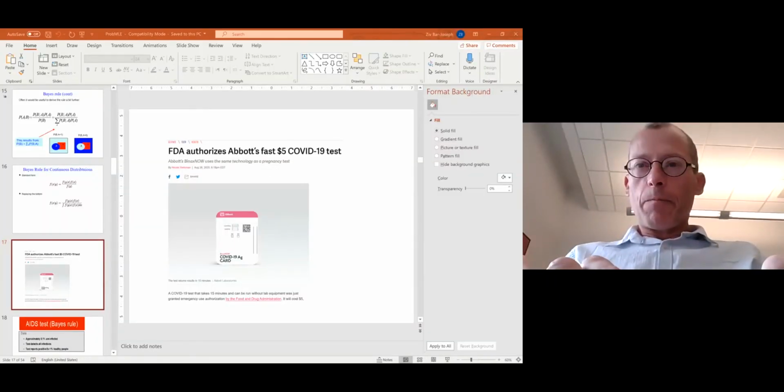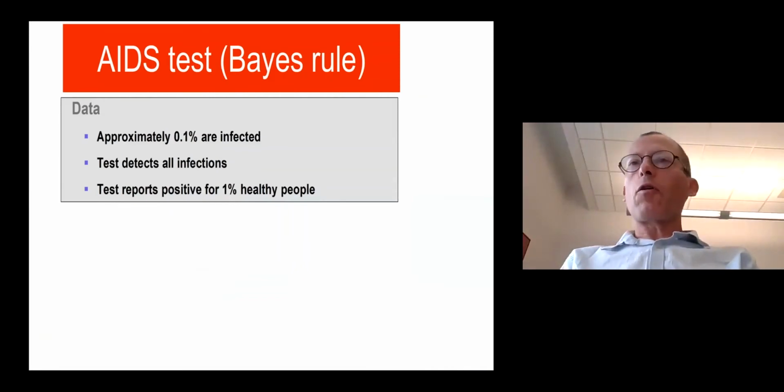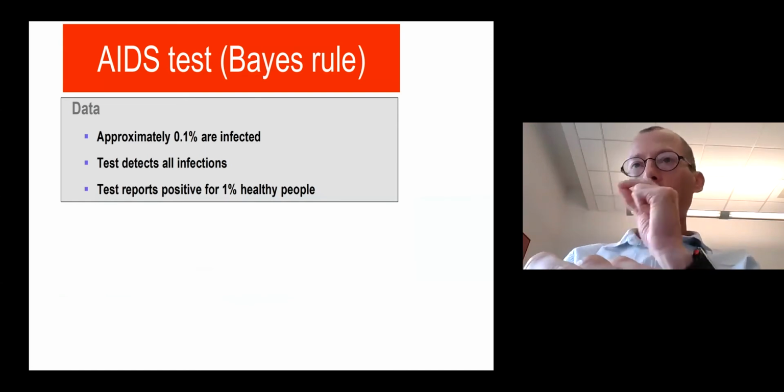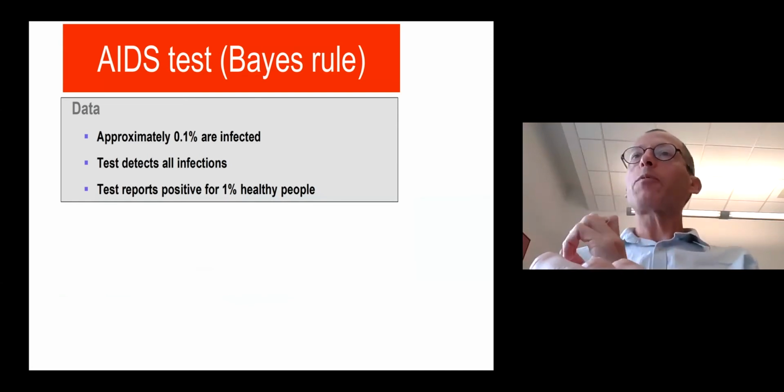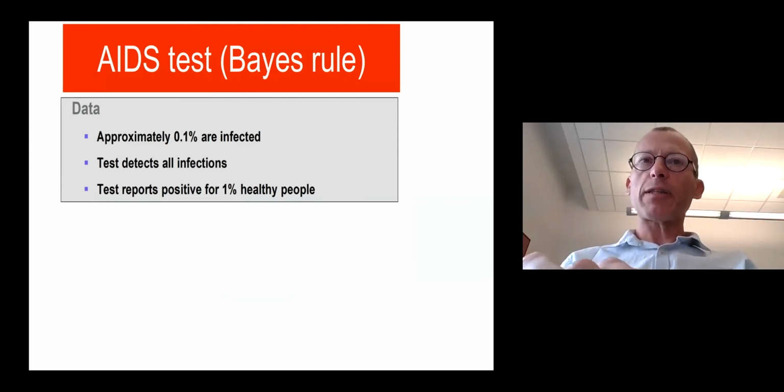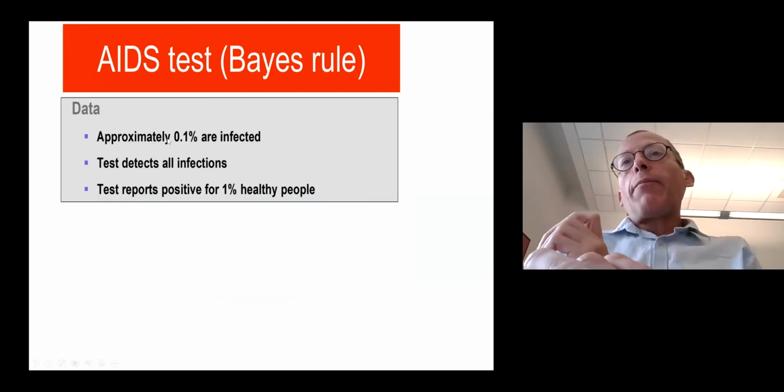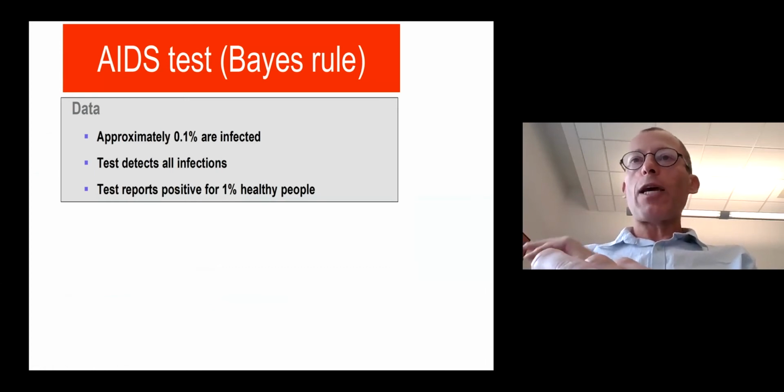So let's do an example and see what I meant. Let's say we have a test not for COVID, but you can think of it as COVID. It's the same thing, where we have a false positive rate of 1%. Of the people who are healthy, if you are really negative, 1% of the time the test will say that it's positive. In general, 99.9% of the population is healthy.